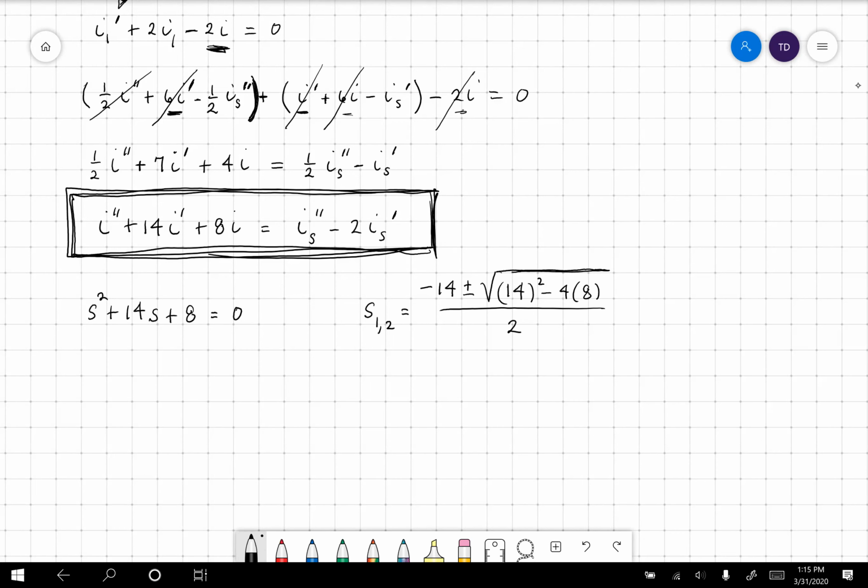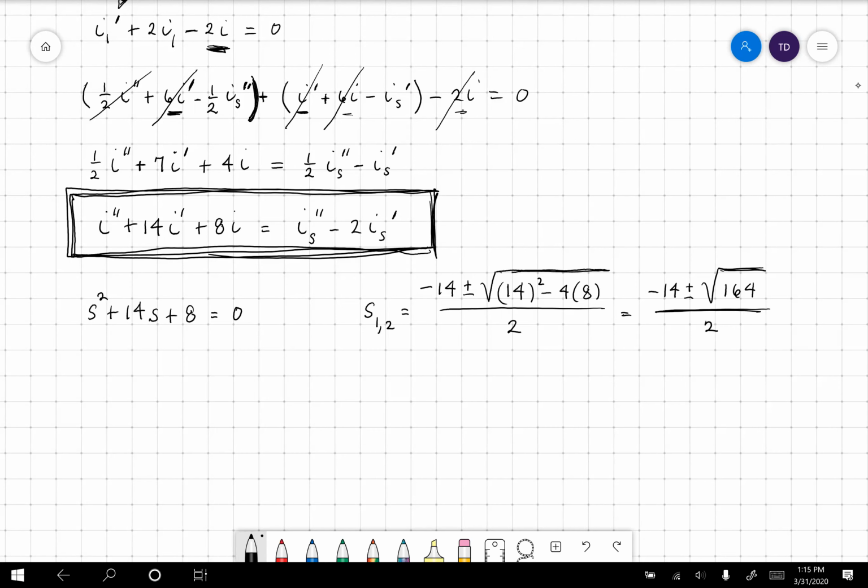Okay, 14 squared is 196. We're going to subtract 32 from that, and that's going to give us 164. So this is minus 14 plus or minus the square root of 164, divided by 2.